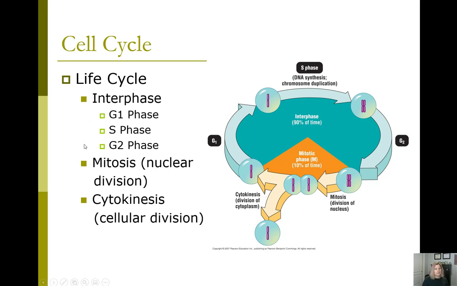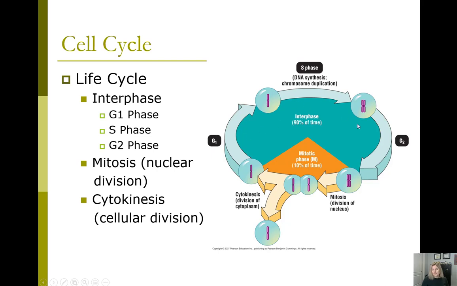Now, if you take a look at this figure here, we can divide the cell cycle into two main phases. We have interphase and mitotic phase, okay? And interphase is the non-dividing phase of the cell cycle. So non-dividing, whereas mitosis or the mitotic phase is when they're actually preparing for division, they're dividing.